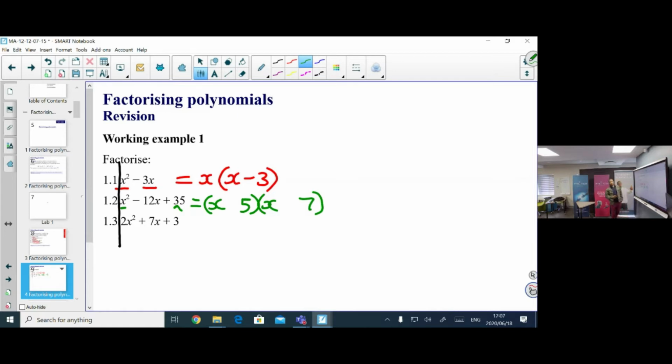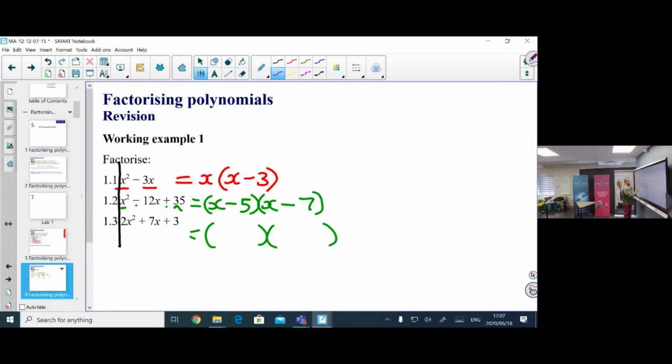Which is only 5 times 7 or 7 times 5. Now that there's a plus and a minus or a minus and a plus, you put minuses on both. So this would be how you could factorize this. And you do the same with any other question similarly.